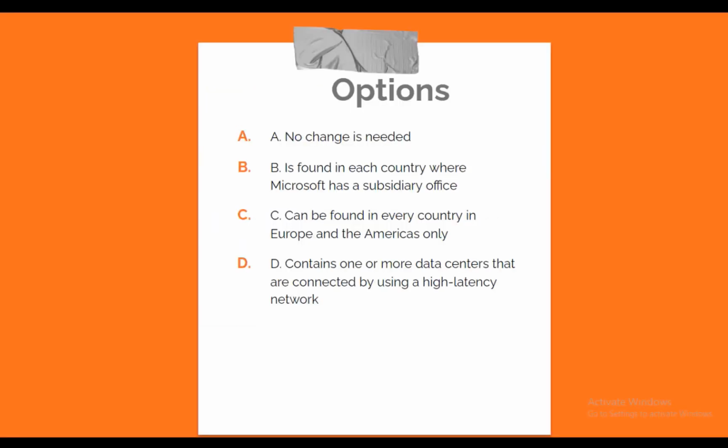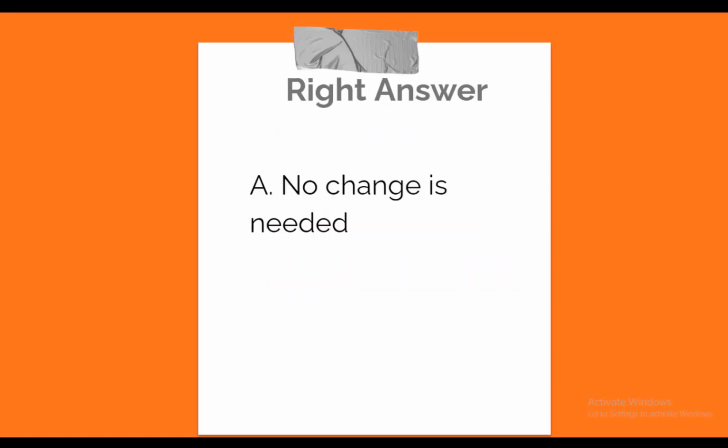Option B, is found in each country where Microsoft has a subsidiary office. Option C, can be found in every country in Europe and Americas only. Option D, contains one or more data centers that are connected by using a high latency network. And the correct answer is option A, no change is needed.